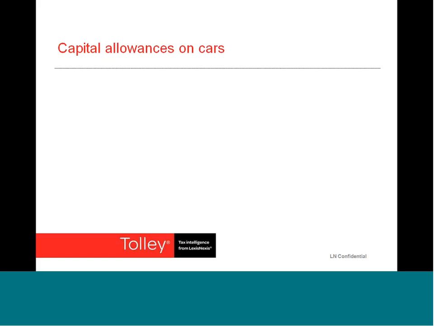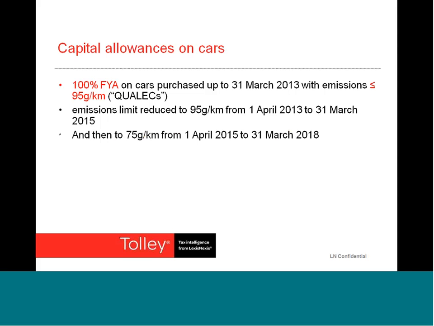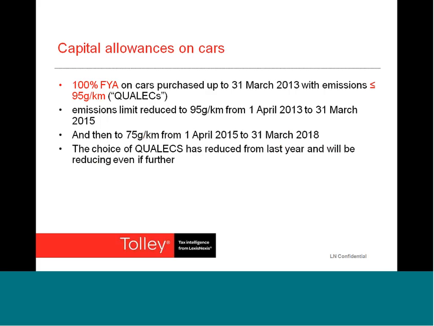Okay, a few more things I want to say. Capital allowances again, capital allowances on cars. I just want to point out to you that the emissions for cars are going down, down, down. So more and more cars will be falling into your high emission pool.